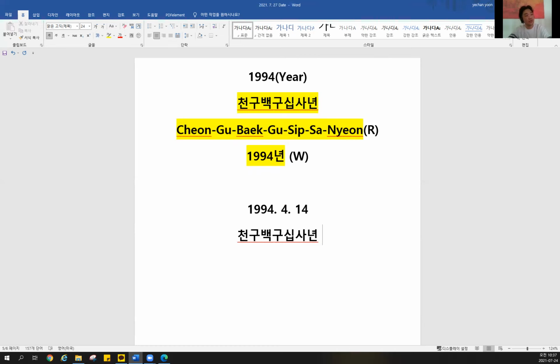And April was 4. Month is 월. And day starts with tens. Not a 1, 10. Okay. So just use the 10. 10. 4 is 4. And the day, what was the day? It was 1. So 1994년 4월 14일.